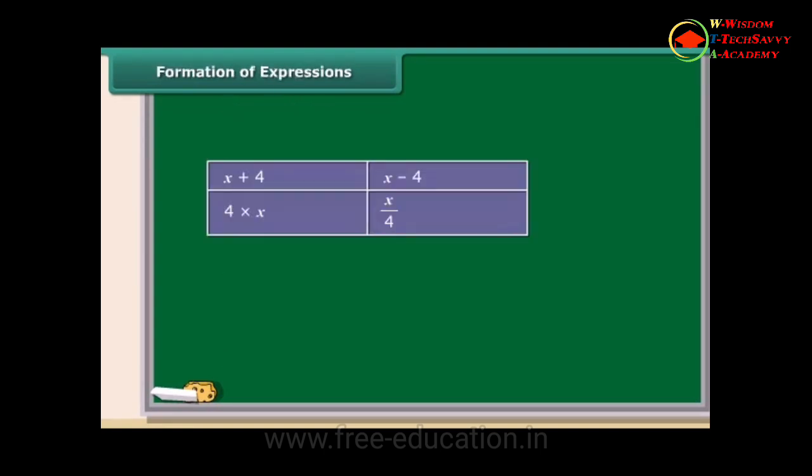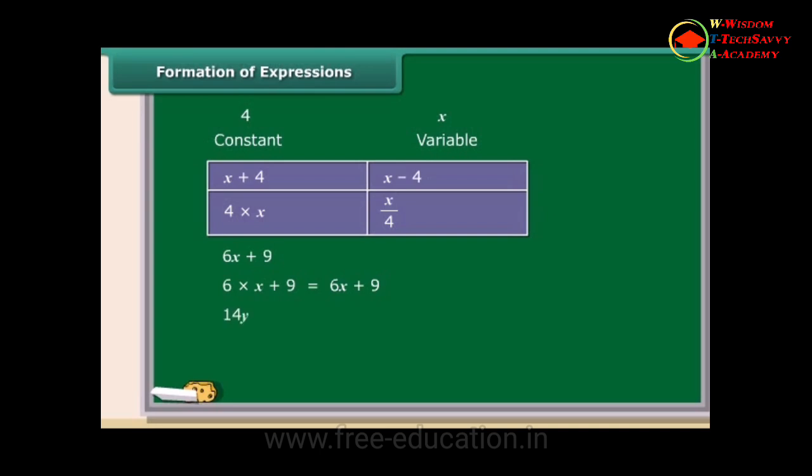Algebraic expressions are formed by combining variables and constants with the help of addition, subtraction, multiplication, and division. Let us see how the algebraic expression 6x plus 9 is formed. It's really simple. First multiply variable x with constant 6. Then add a constant 9 to the product.